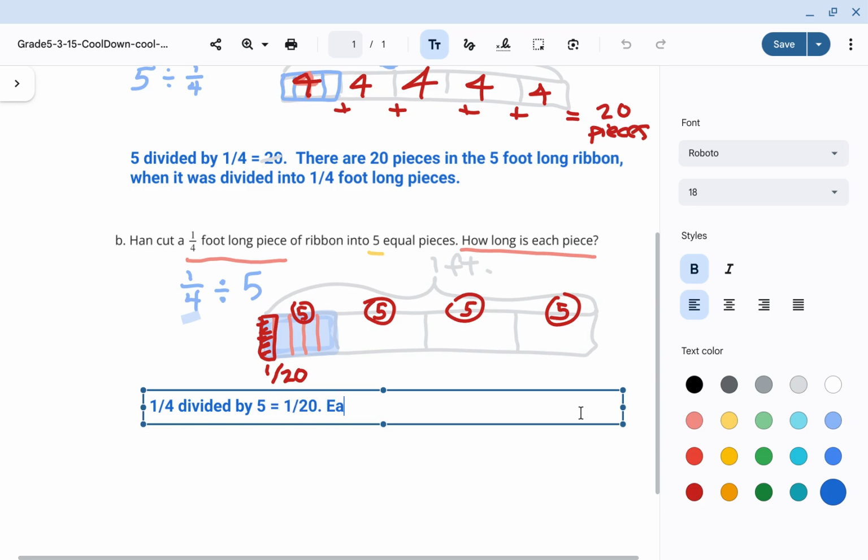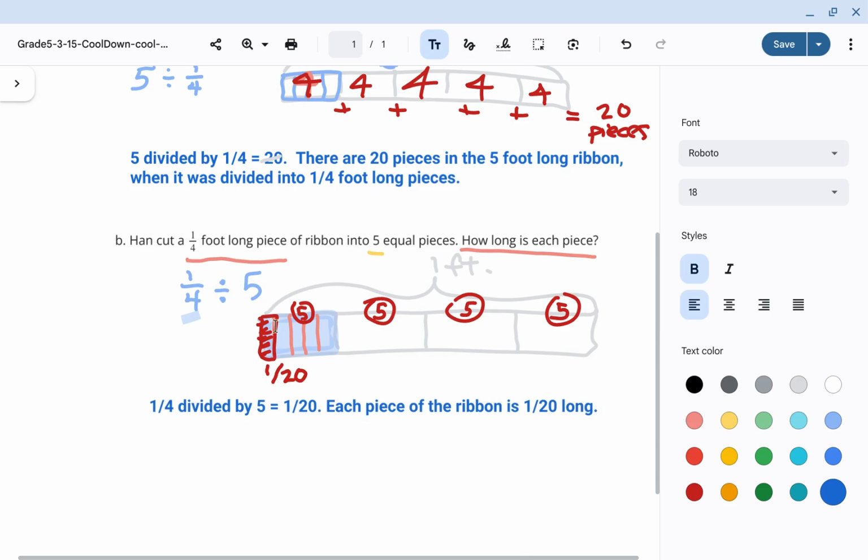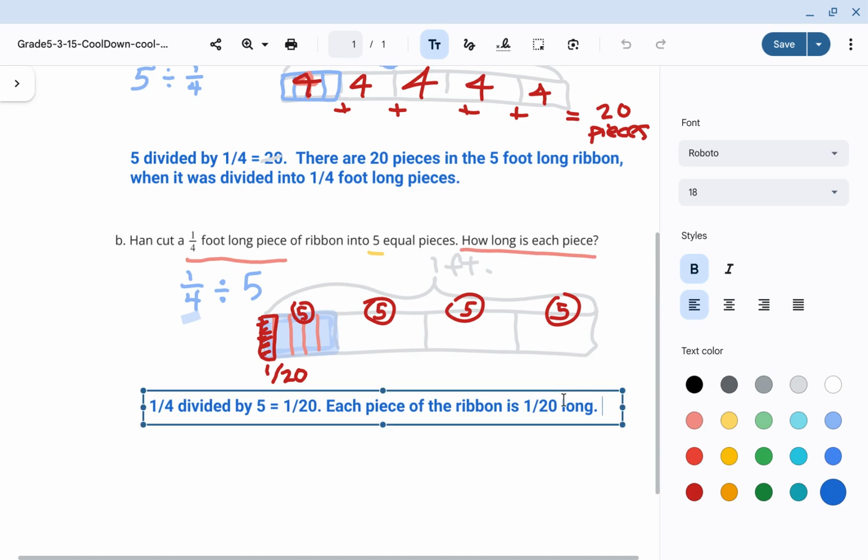Okay, now I'm going to write that each piece of the ribbon is 1/20 long. Now I know that to be true because I've thought about that this is one of 5 pieces of this blue area, but I've related it back to that certain unit that we were using, which was a foot, and so it is 1/20 of a foot long.